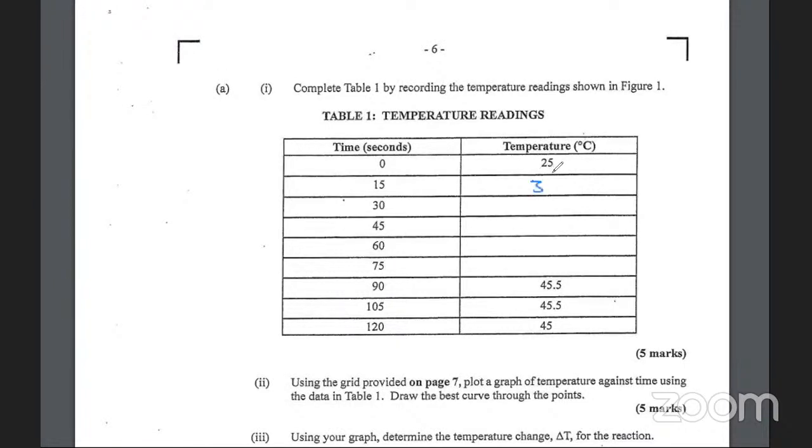That was 33, 39.5, 43, 46, 45.5. Right? So the temperature would increase and then it decreases.